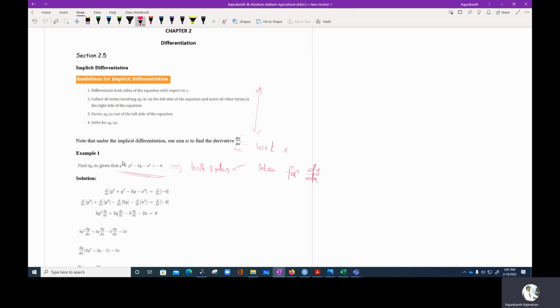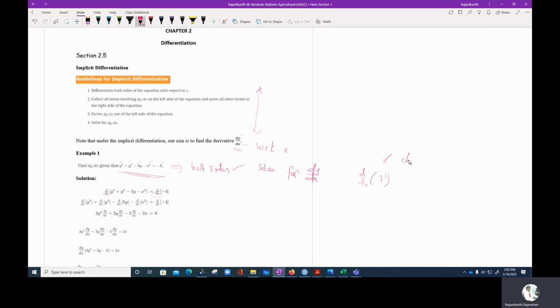So you simply find the derivative with respect to x for each and every term, on both sides. Term by term, we find the derivatives. For the first term, remember what is the derivative of y cubed with respect to x?